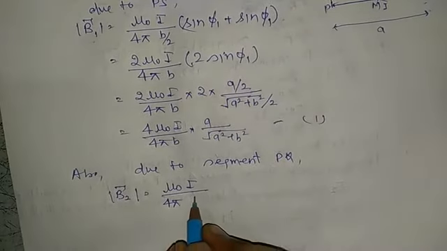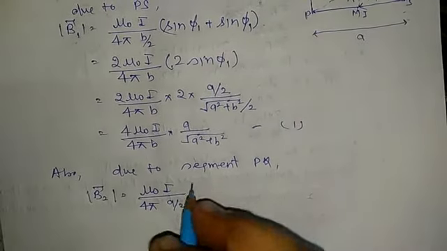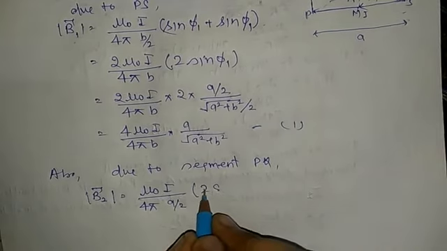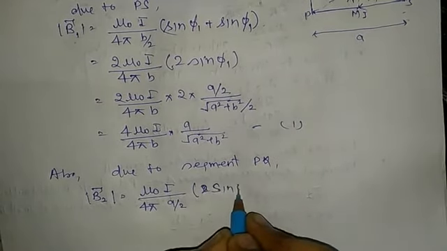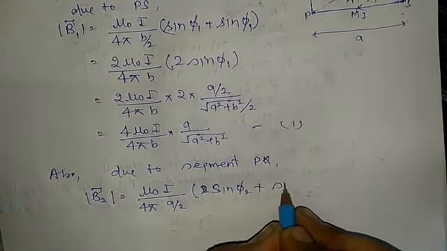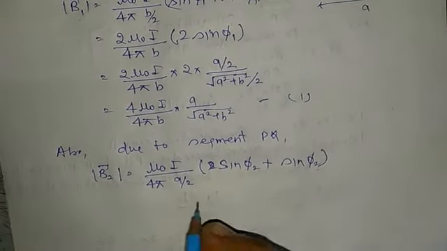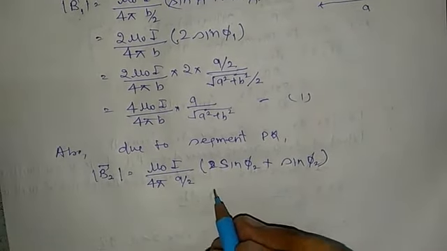So it can be written as a by 2 into sine phi 2 plus sine phi 2, by using the formula of magnetic field due to the segment.